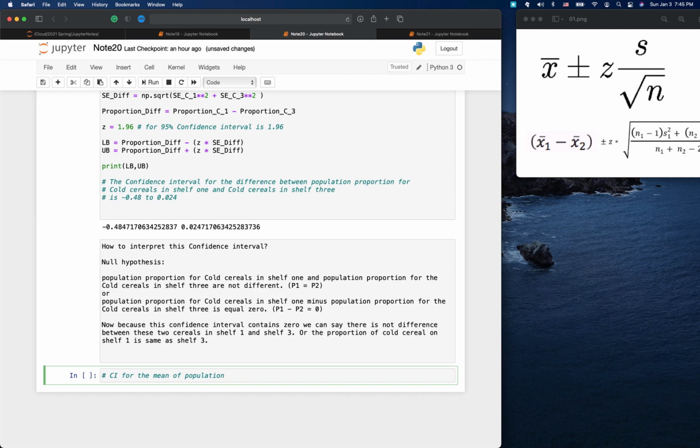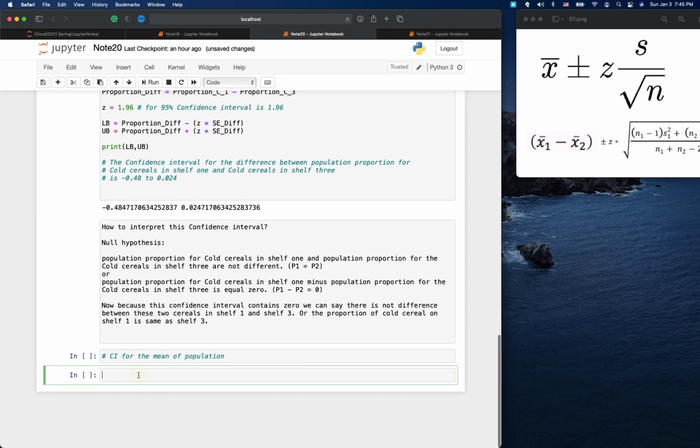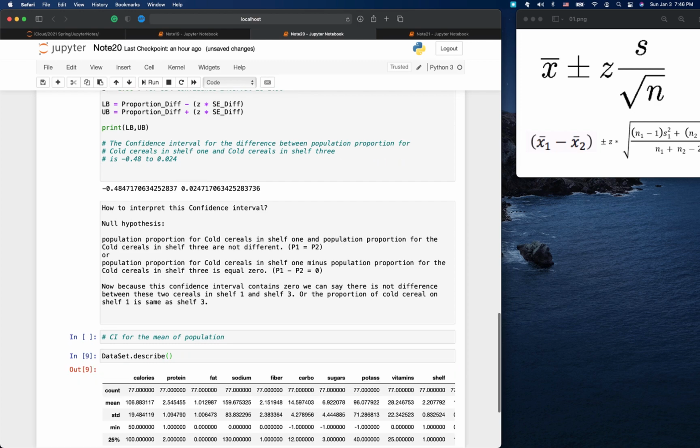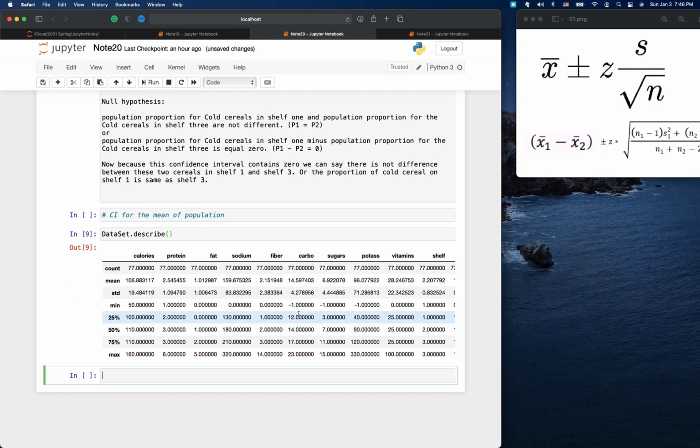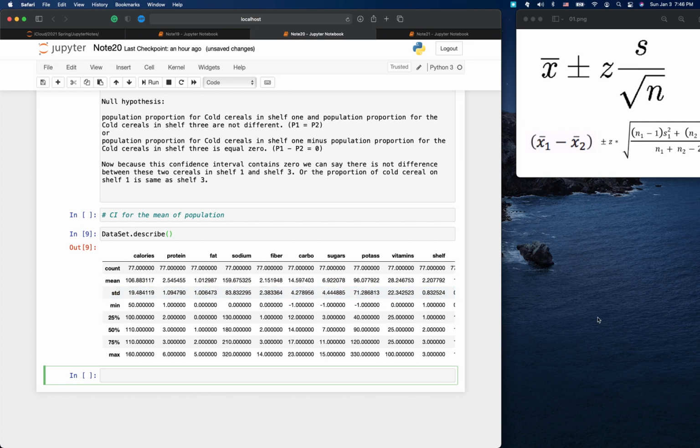do something interesting. Okay, first of all, because I forgot what we had in our data set, let's use dataset dot describe, I hope I'm right, to get the information of some columns in the population.